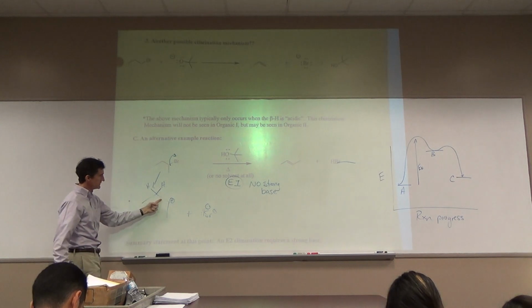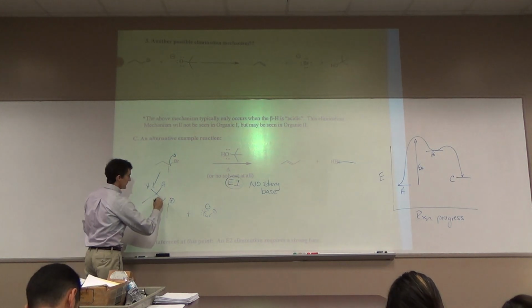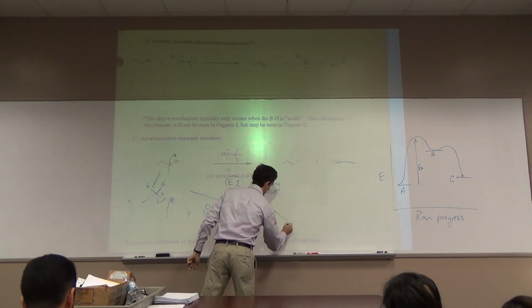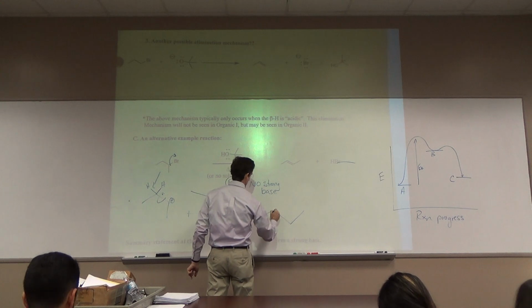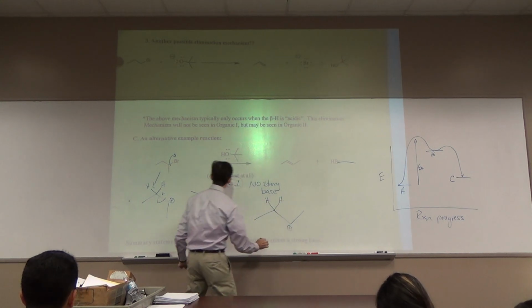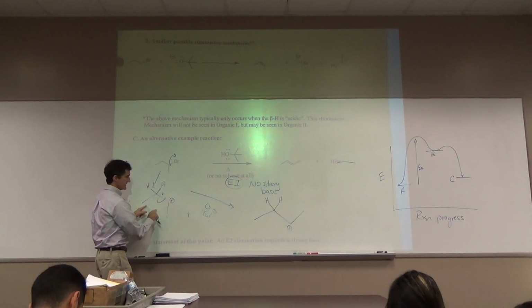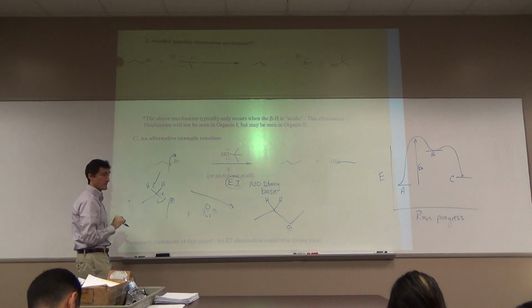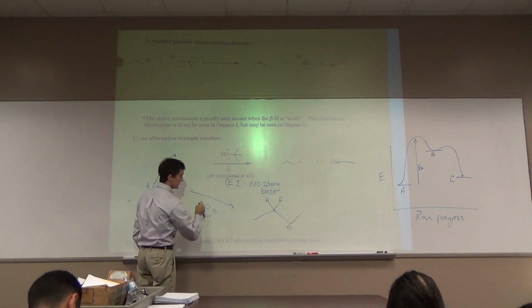I have free rotation here. This thing's going to rotate. And this is like syn and anti. This is just rotamers, and these rotamers are going to be in equilibrium.